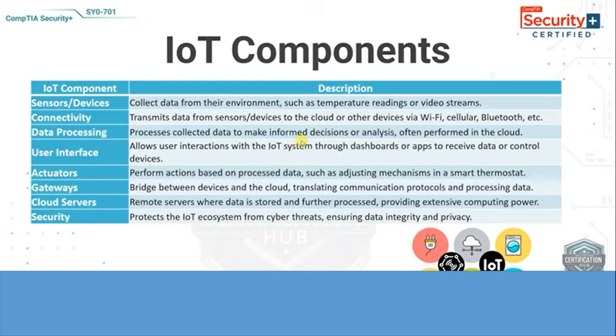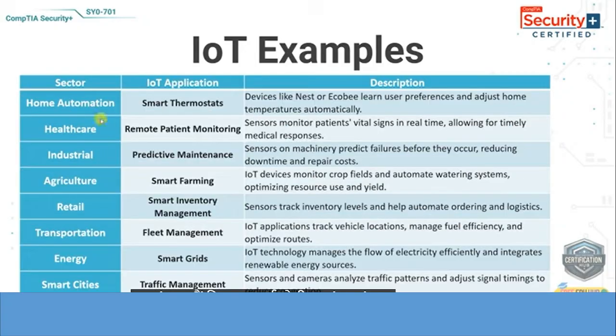These are the components of IoT: sensor, device, connectivity, data processing, user interface, actuator, gateways, cloud servers, and security. Examples of IoT: home automation, healthcare, industrial, agriculture, retail, transportation, energy, and smart cities.